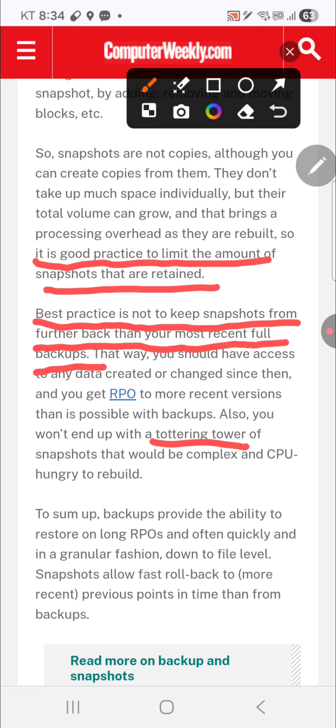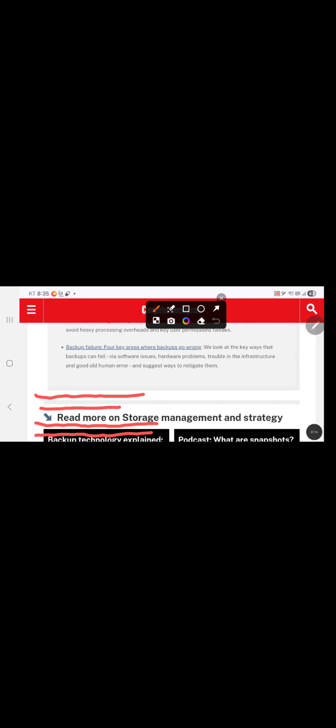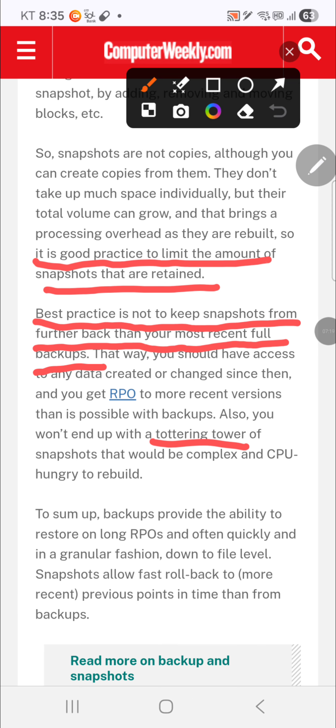To sum up, backups provide the ability to restore on long RPOs, and often quickly and in a granular fashion down to file level.